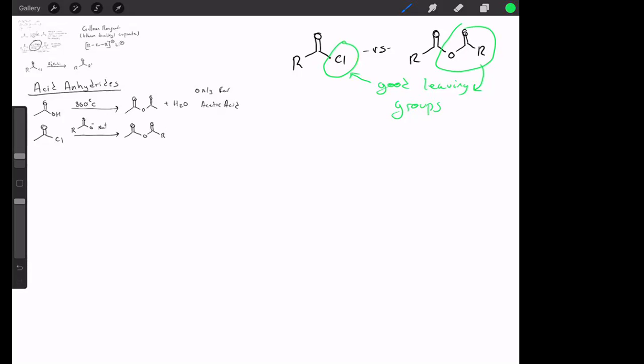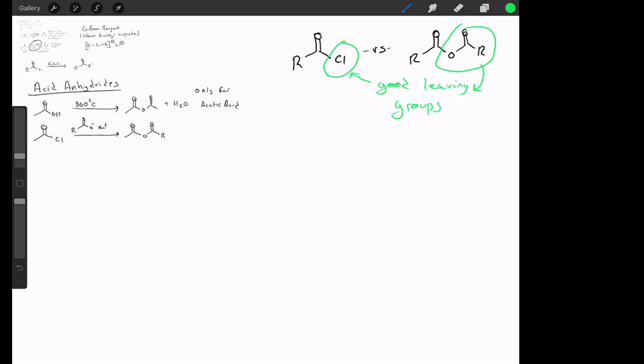If you remember from Organic Chemistry 1 and our discussion on acids and bases, we know that resonance-stabilized carboxylates are pretty stable, as well as highly electronegative atoms or halogens. They're also very stable, both of them stabilizing the negative charges very well. So they both have similar properties as far as acting as leaving groups. And since they both can act similarly as leaving groups, they do the similar type of chemistry when it comes to nucleophilic acyl substitution.